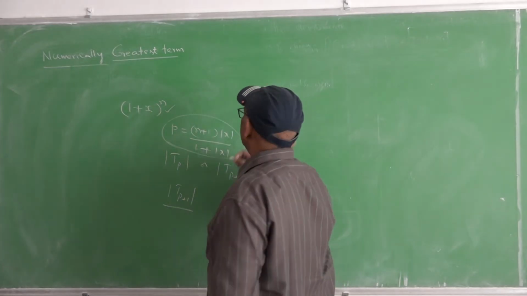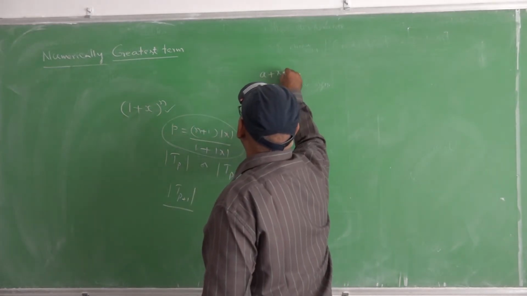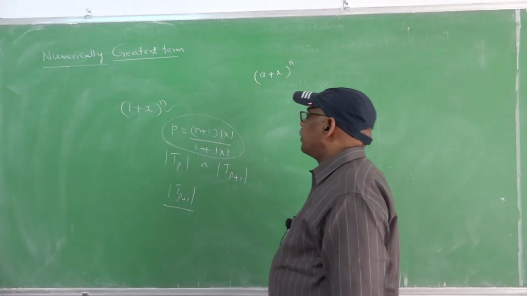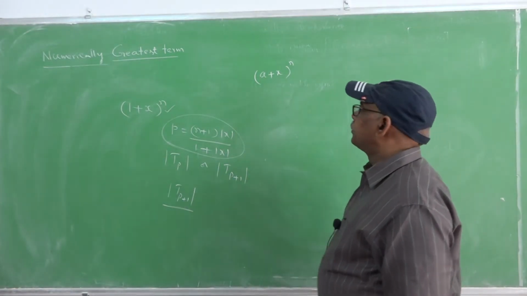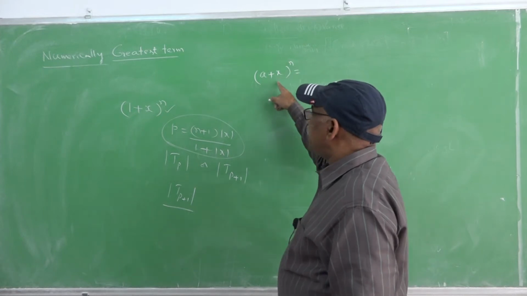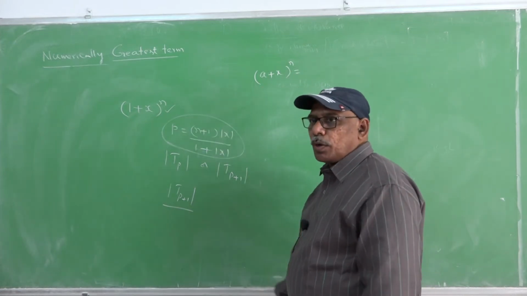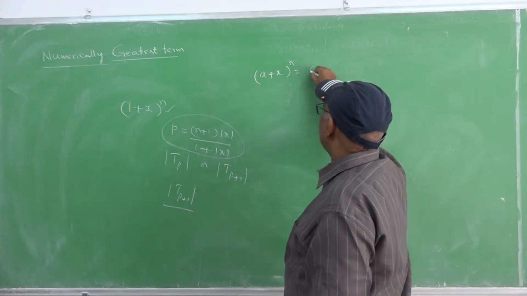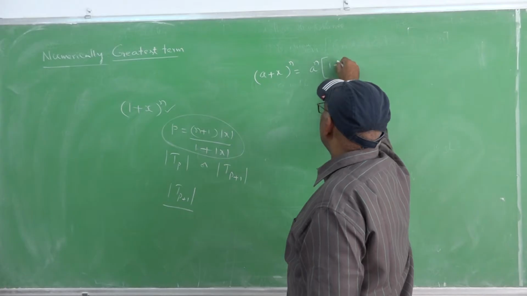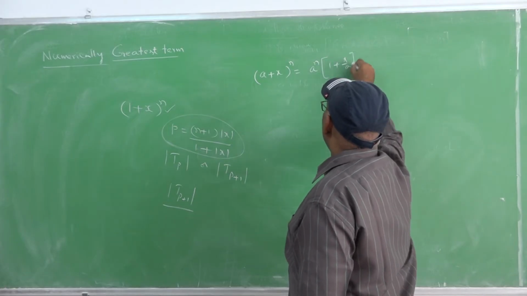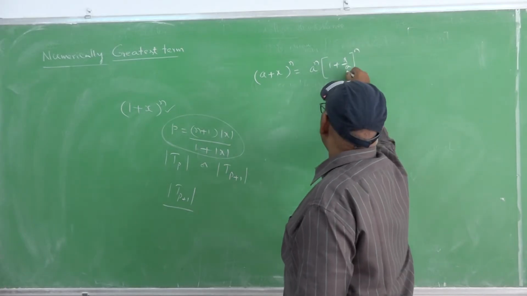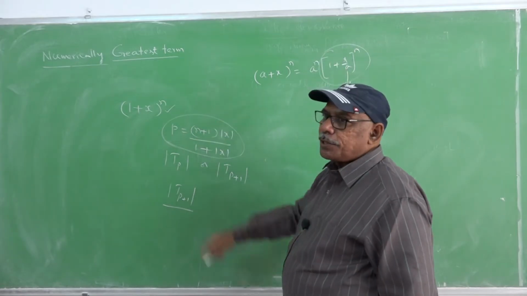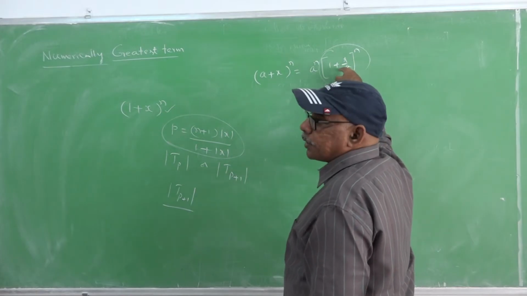Whereas once the binomial expansion is of the form (a + x)^n, then reduce that binomial expression to the form (1 + x)^n by suitable operation. That means taking a as common here, we get a^n (1 + x/a)^n. Take x/a as capital X and find the numerically greatest term related to this expansion.